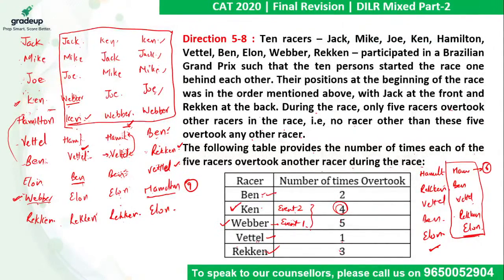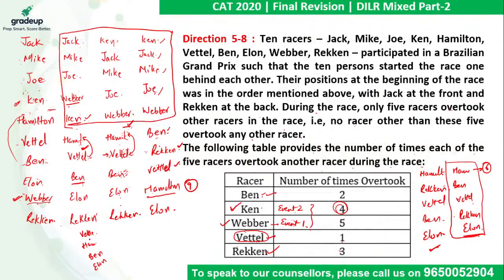Now if I interchange the position of Vettel and Hamilton first, if I consider this case first, that Vettel moved ahead of Hamilton, so can I say the position will be something like this, Hamilton की जगह पे Vettel, and then it is Hamilton, and then it is Ben, then it is Eon, and in the end it is Reckon.